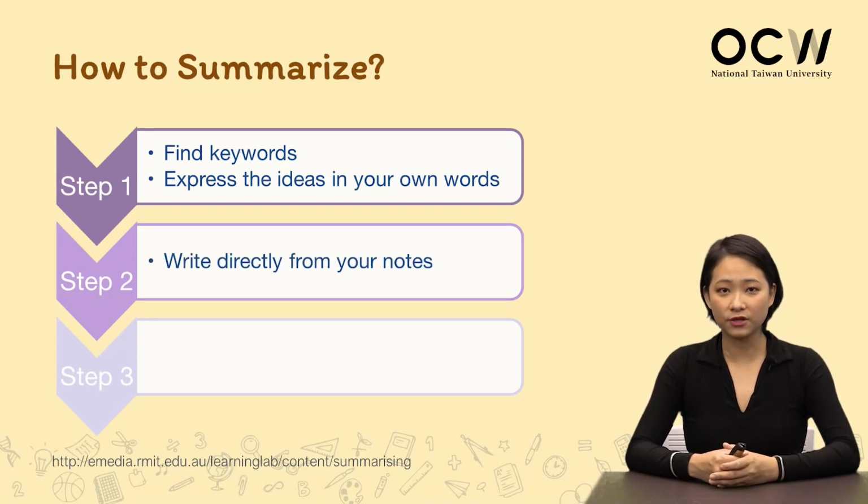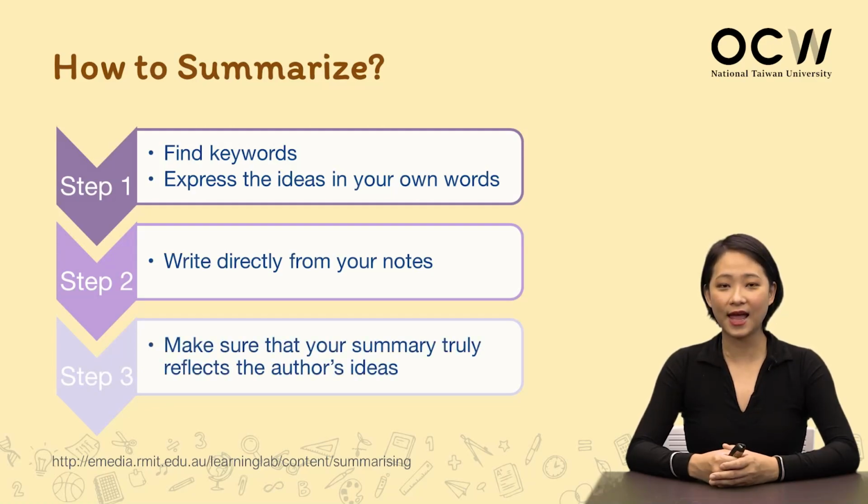Next, having read the research and compiled the useful information into your notes, you now need to compose the summary directly from the notes you've taken instead of from the text you've just read. And at last, the last step of the summary, which is very important, is that you need to make sure that the summary truly expresses the original author's intentions instead of interpreting otherwise.